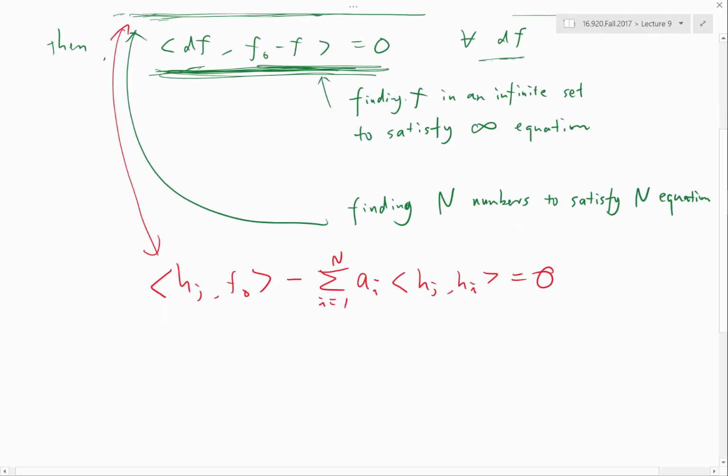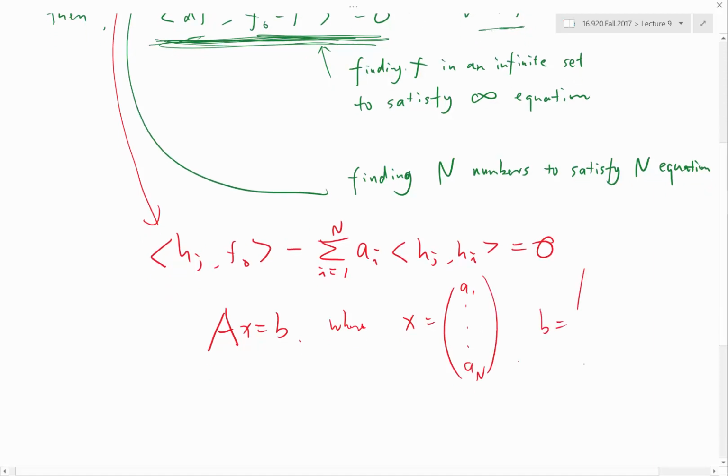Can somebody see this is a matrix equation? Ax equal to b. All right. So this is actually A times x equal to b, where my x is these a's, a_1 to a_n. Okay. My b is equal to this, <h_1, f0>, <h_2, f0>, ..., <h_n, f0>.